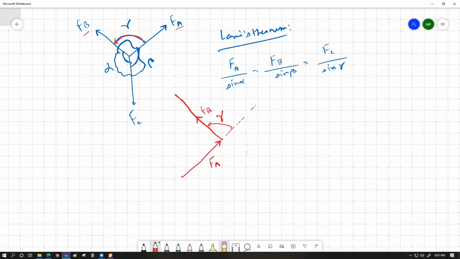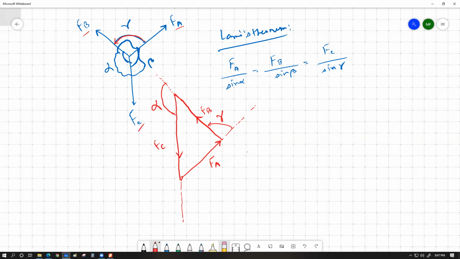The angle between FB and FC is alpha. So if I extend this line, and from this angle I draw another anti-clockwise angle that is equal to alpha, I should be able to draw FC. So that is working this way. This is my FC, where this is the alpha angle. And obviously, if I extend this further down, the angle between FC and FA is obviously beta.